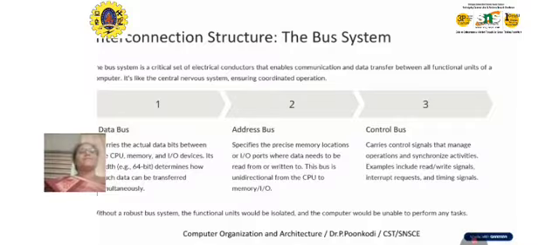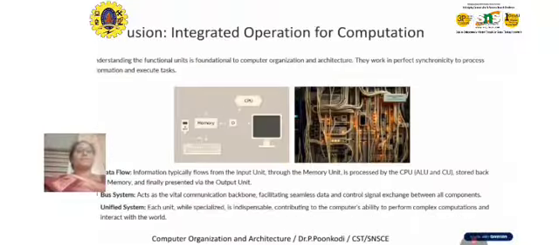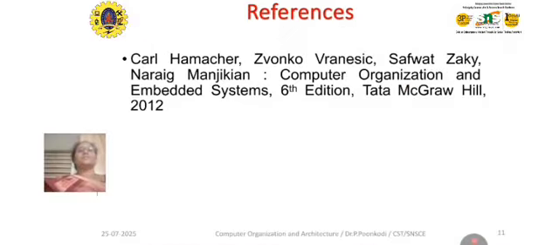The address bus is used to store the addresses where the data is actually stored. The control bus is used to control the operations. Then for the integrated operation for computation, for integration purposes it uses the data flow, bus and unified systems. And this is your textbook.